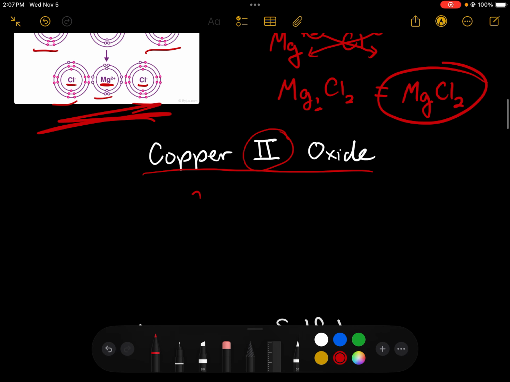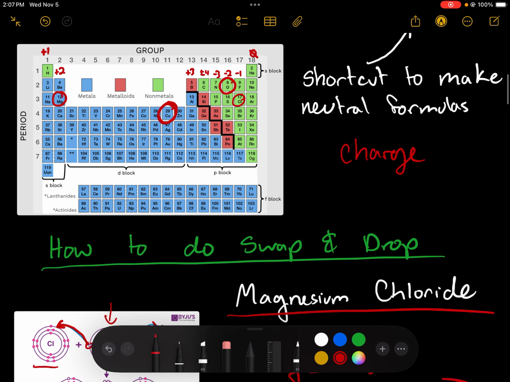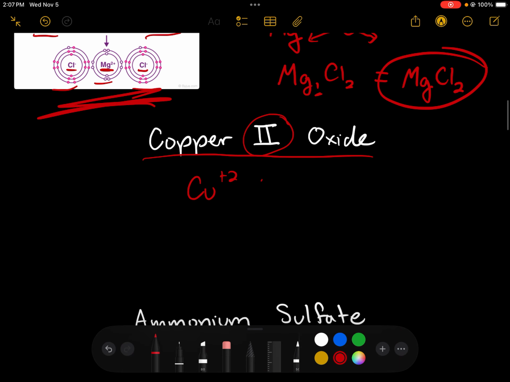All it means is that copper has a +2 charge. Oxygen is in group 16, so it's going to have a -2 charge. We're going to take those two numbers, switch them and drop them down, and so you're going to end up here.